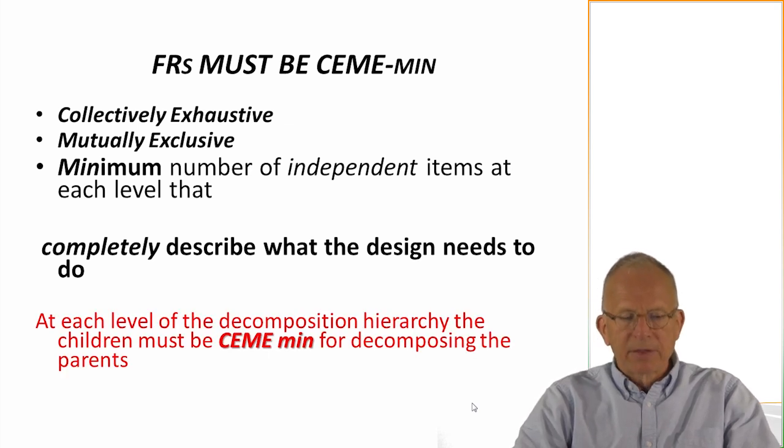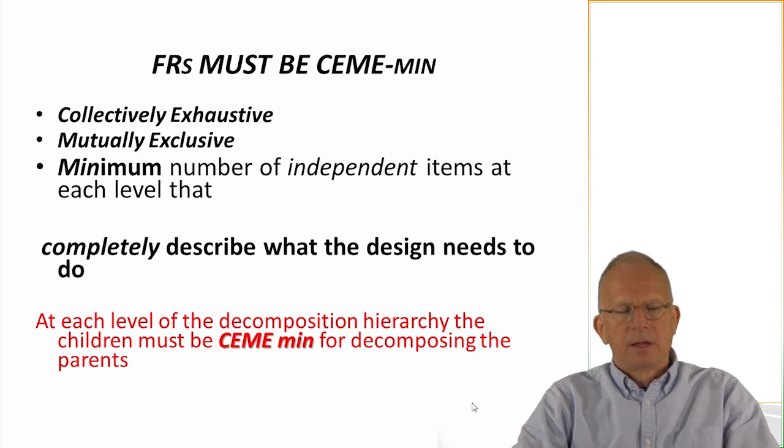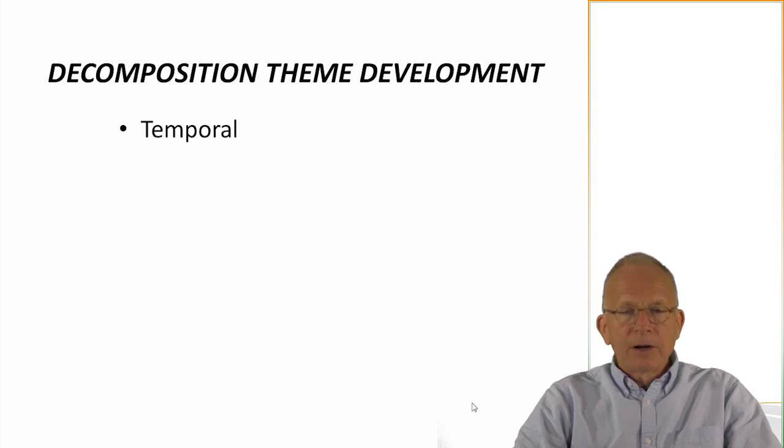So at each level of the decomposition hierarchy, the children must be collectively exhaustive, mutually exclusive, and minimum number for decomposing the parents. See-me-min.